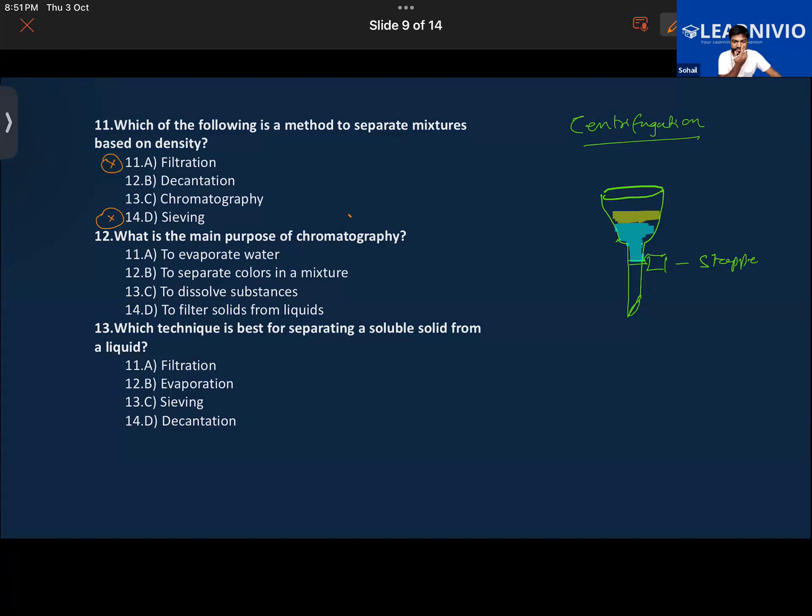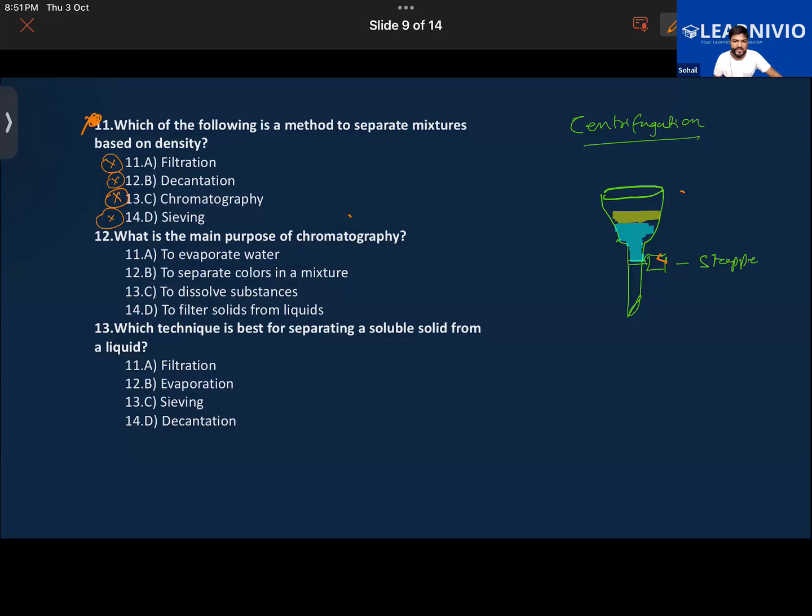I think there is some error in the question. If the options were centrifugation or a separating funnel, we could have answered that as correct. There needs to be some correction in the question, so we are not continuing this. So it's none of these.